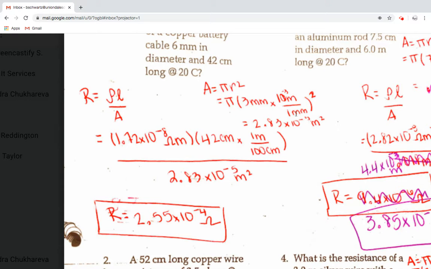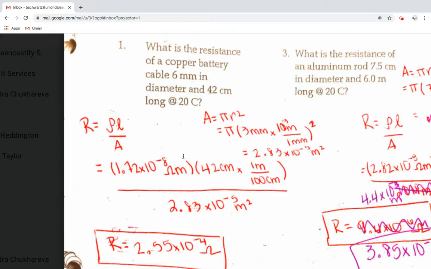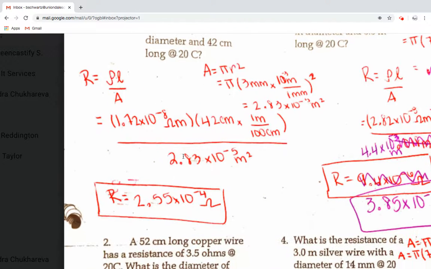Once you have all of those different components, you can then go ahead, plug it into your formula. This right here comes from your reference table. They tell you that this is a copper battery cable. Copper, your material. Look right on page 4 at your resistivity chart. You will see this value right here under copper. Plugging everything in, you have to make sure, again, you use parentheses.